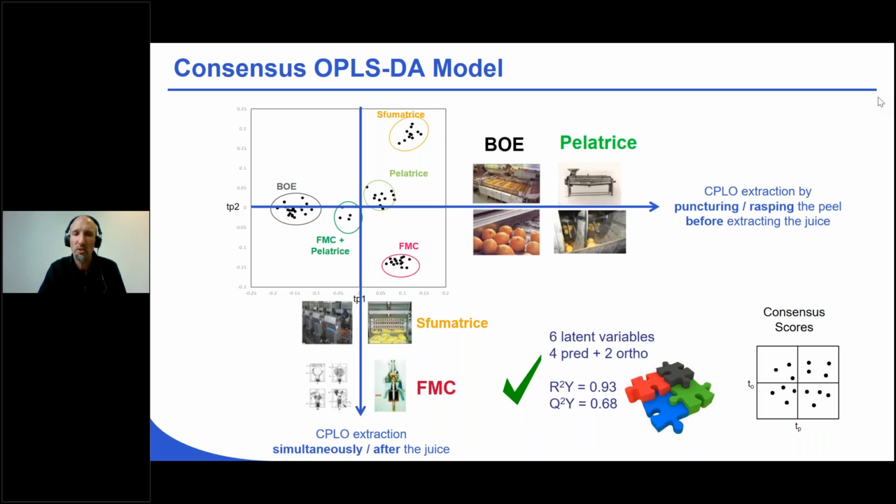Yeah, that's true. I didn't mention it on the slide, but everything's linear, so you can get access to this information and know to which extent each of the data blocks was used to predict which part of the response matrix, as you would get the same results in PLS.